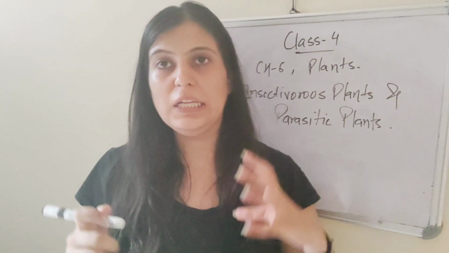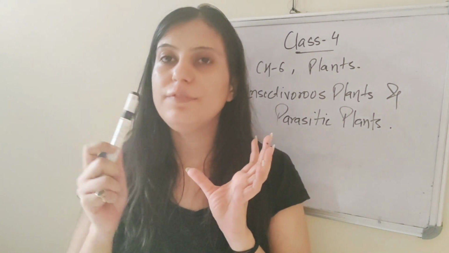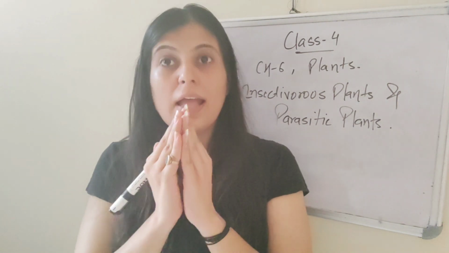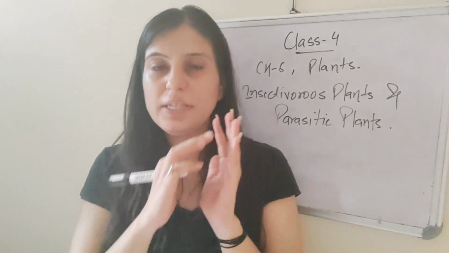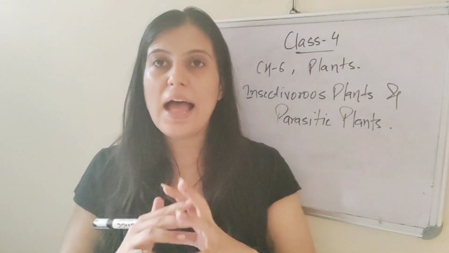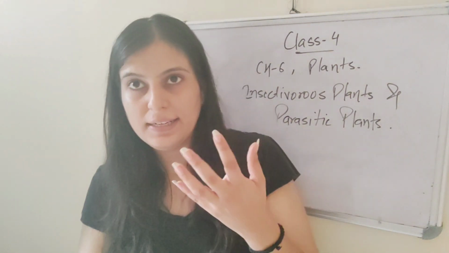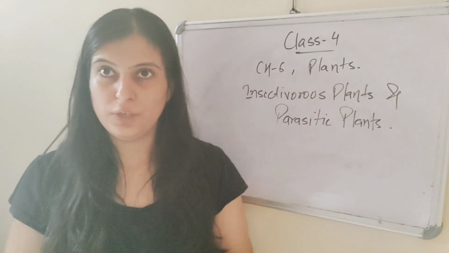Whenever an insect sits on the Venus flytrap, it closes itself and that insect gets stuck in the hairs present in the Venus flytrap, and after some time it dies, and from that decaying matter the Venus flytrap plant gets its nutrients.